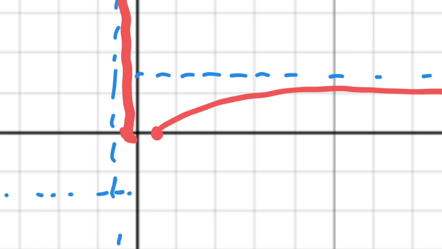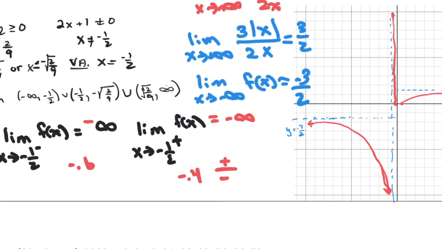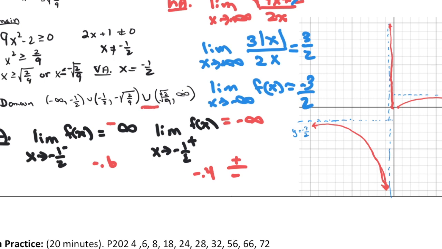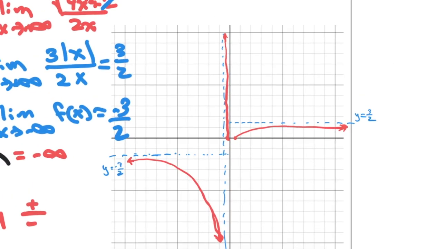Notice nothing is happening between negative root 2 over 9 and positive root 2 over 9. That's great because our domain had a restriction that said place nothing between them. So our final graph is complete. This is our function f of x.